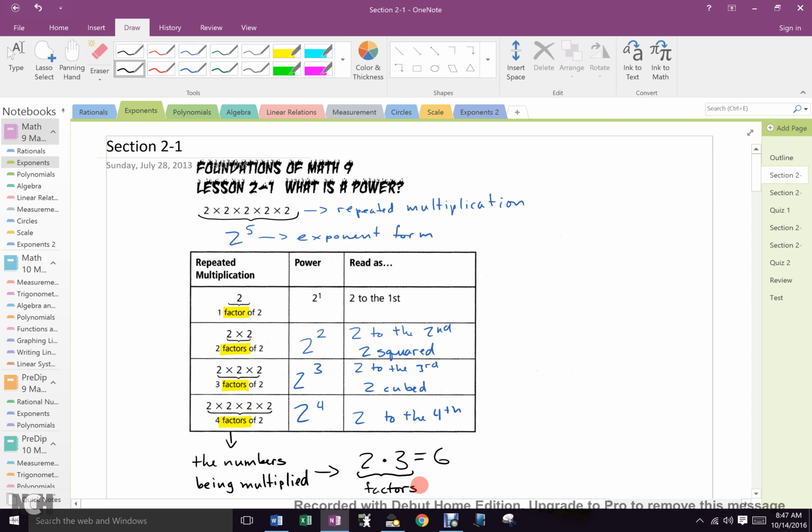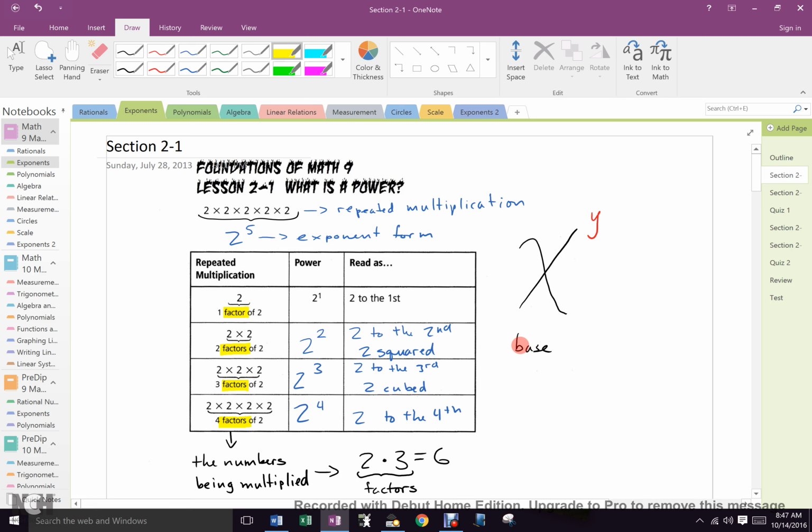Yeah? Okay. So in this big white space over here, I want you guys to draw what I'm about to draw. Draw a really big X. Okay? Then draw a little tiny Y up here. Okay? The X is the base.